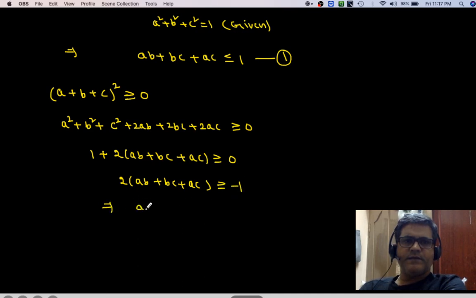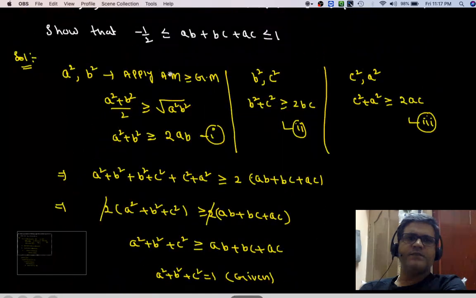This implies ab plus bc plus ac is greater than or equal to minus 1 by 2. So this is the second part of the solution.